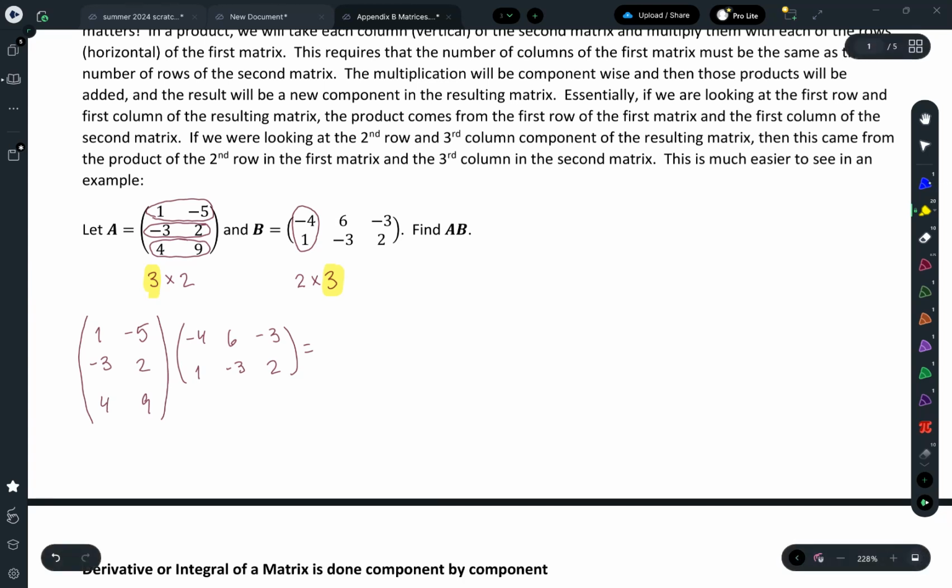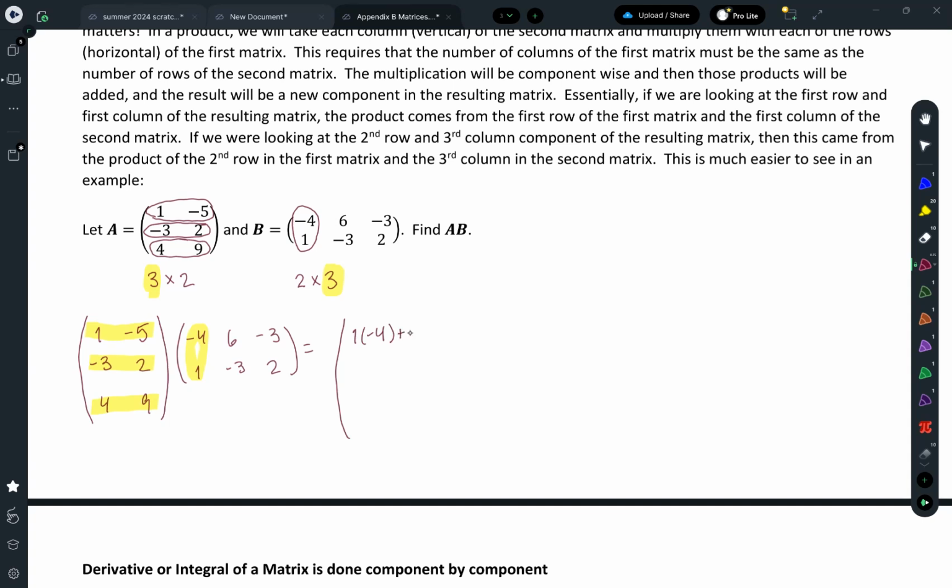Okay, so let's first examine when we take the first column of B times the rows of A. We have to picture that -4, 1 being put on its side, made horizontal, and multiplied with each of the rows. So I'll have a 1 times a -4 plus -5 times 1.